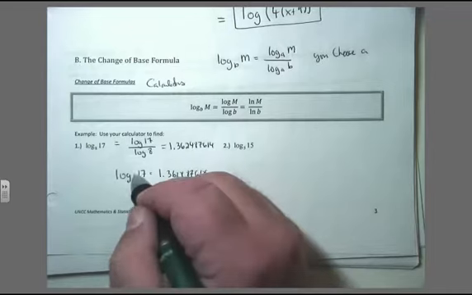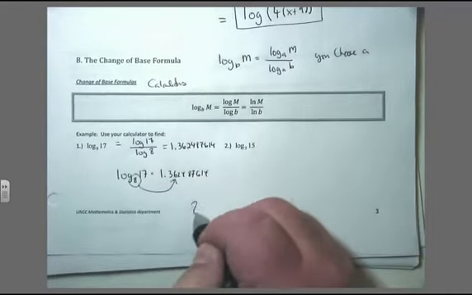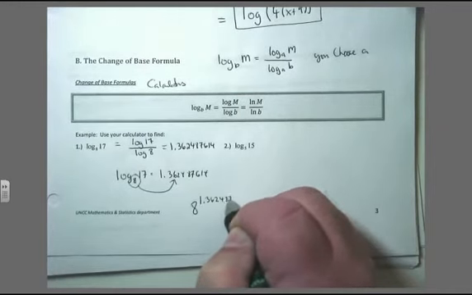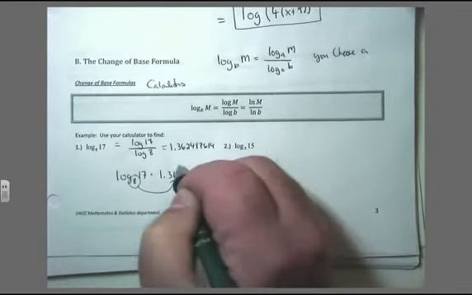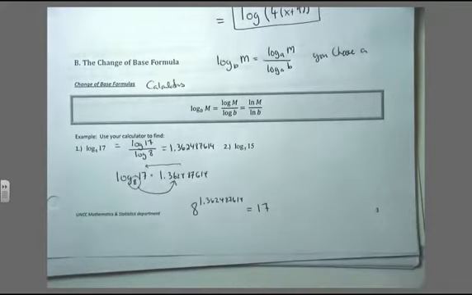What is the base on this log? 8 raised to this power. 8 raised to the 1.362487614 will be equal to what you're taking the log of, 17. You just discovered what weird number I have to raise 8 to be able to get 17.